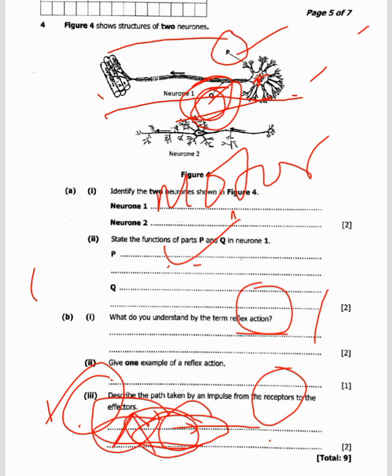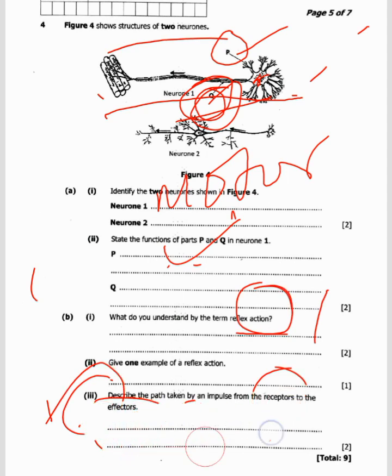That is how you are supposed to describe the path taken. The other thing we need to understand is the diagrammatic representation of the path of an impulse as it is transmitted by these neurons. I think we're going to discuss it in our next questions.